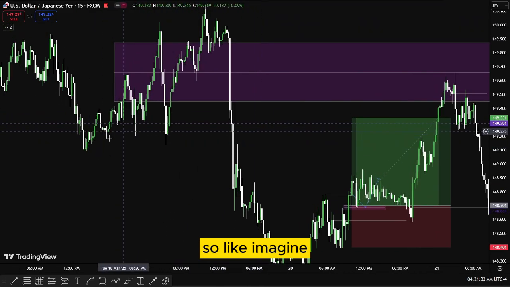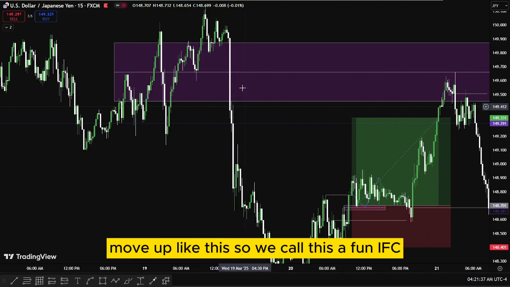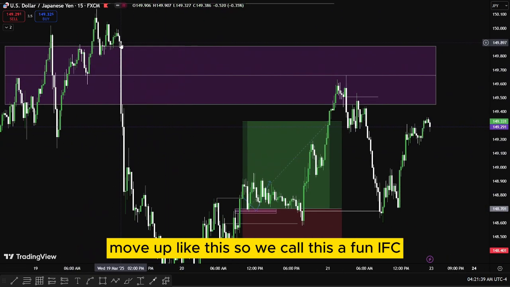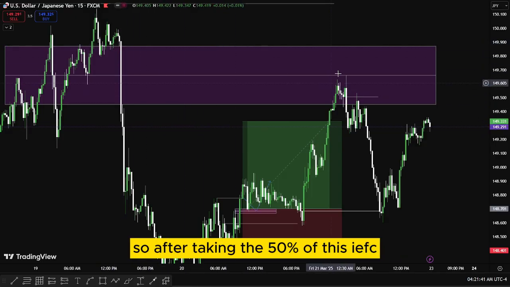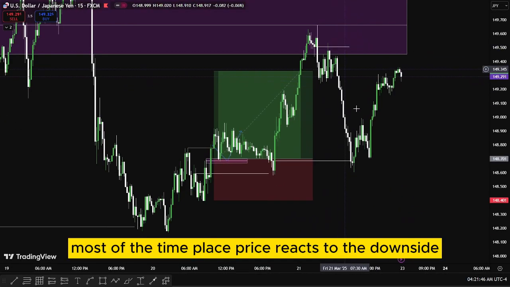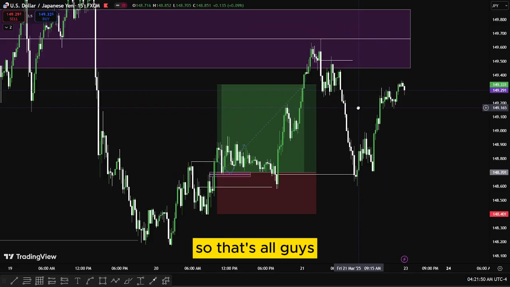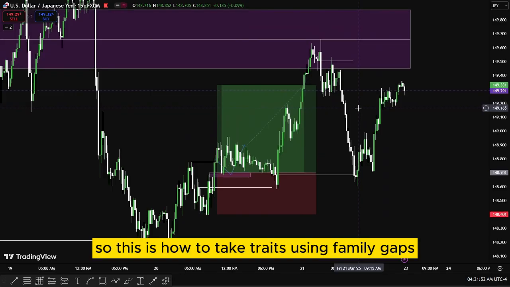Imagine cleaning out this liquidity by giving a pressure move up like this. We call this an IFC. After taking 50% of this IFC, most of the time price reacts to the downside. After that, it's all good. So that's all, guys. This is how you take trades using fair value gaps.